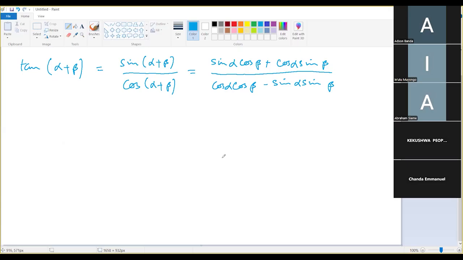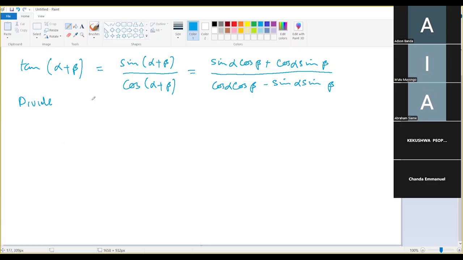So now what we are going to do is try and rewrite what we have in a different way. The first thing that we are going to do is divide both the numerator and the denominator by a particular factor. So in this case, let's do the following.